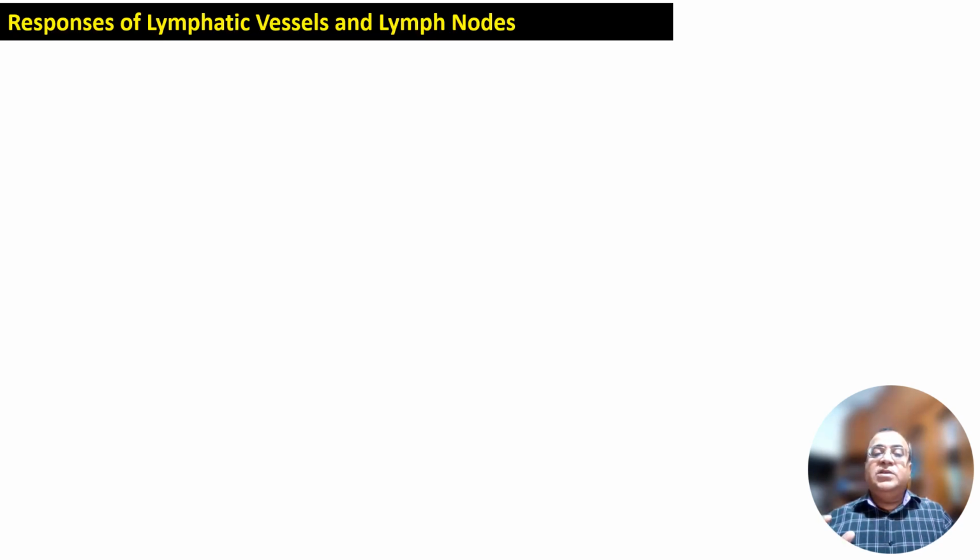As the blood vessels are affected, the lymphatic vessels and lymph nodes are also affected. The lymphatic vessels drain the extra fluid that is coming out of the capillaries into the tissue. It goes through the lymphatics towards the circulation again.